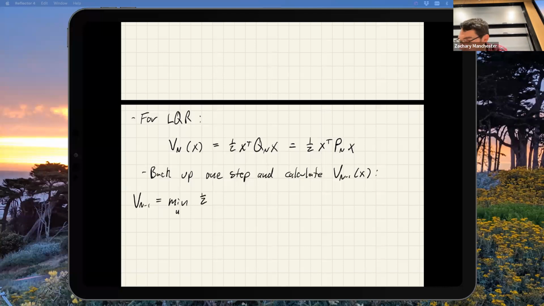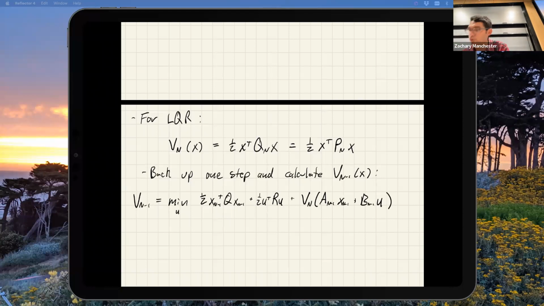The thing that shows up is the one-step cost from time N minus 1, so that's the state cost and the control cost. Then I have the terminal cost, which I'm going to write like this: V_N with the dynamics plugged in, so that everything is evaluated at time N minus 1. Everyone cool with that? Back up one time step.